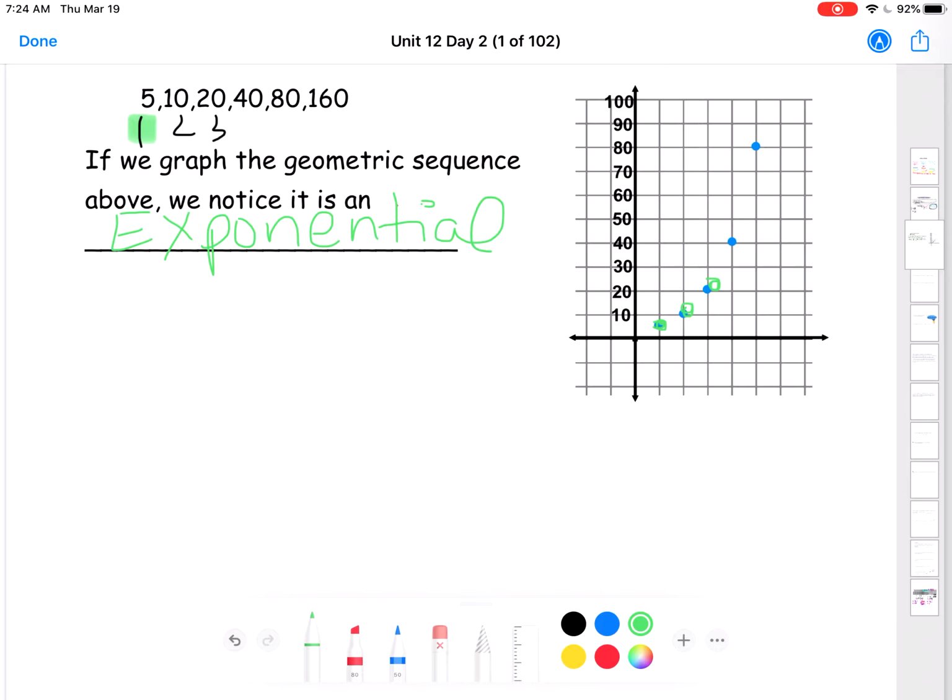So we want to try and relate those two things together. Geometric functions are really exponential functions.